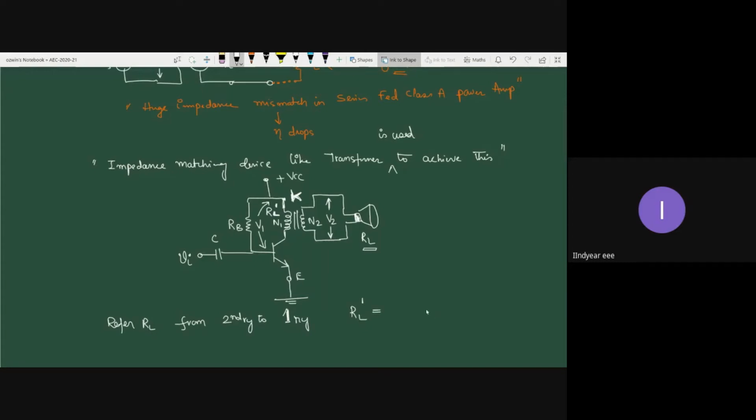RL dash is basically K squared into RL, where K is N2 by N1, the transformation ratio.